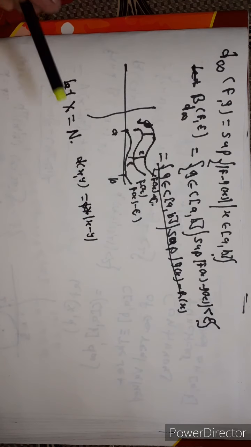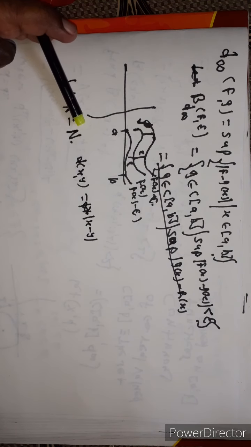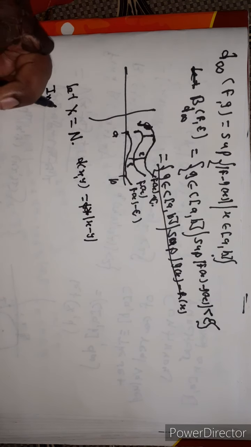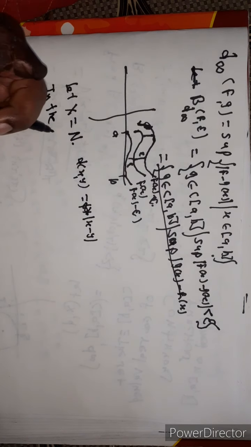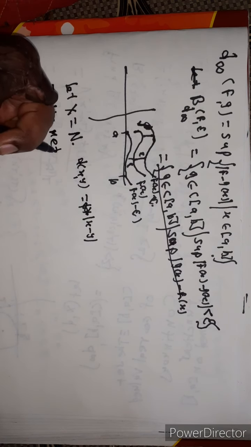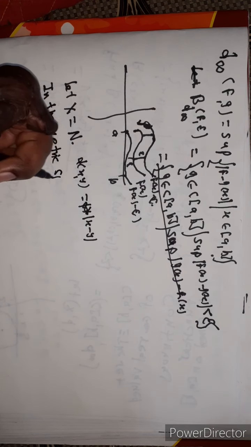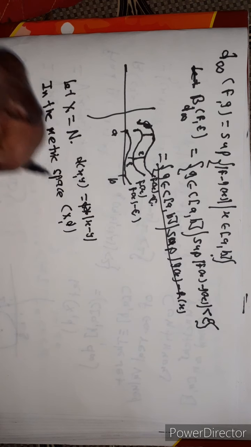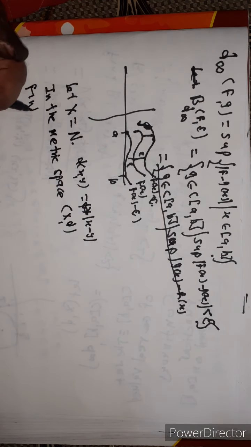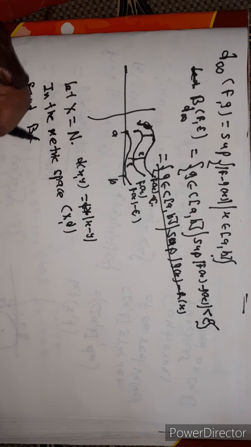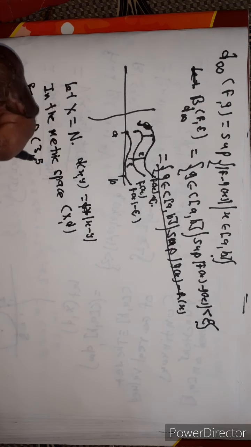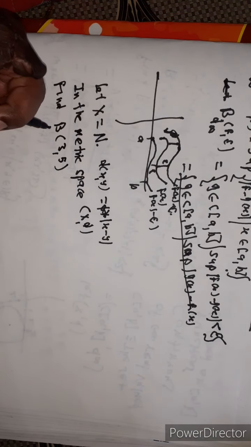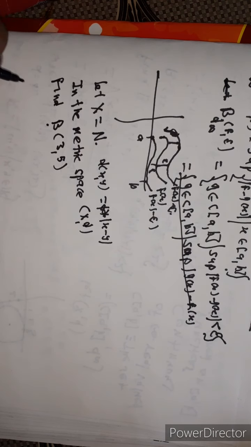Means here X is the set of natural numbers and the distance between x and y is equal to |x minus y| in the metric space (X, d). Find the ball centered at 3 and radius 5 in the metric space (X, d).